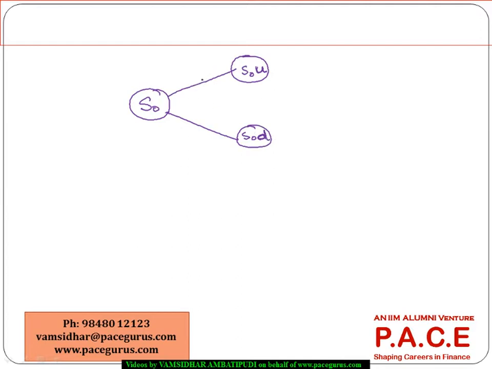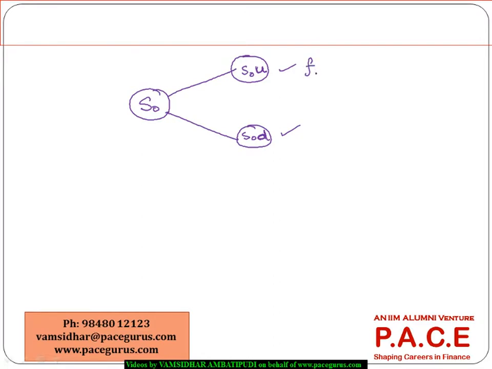So whether it touches S0 into u or S0 into d, if the stock price currently is S0, I am talking about it as up or down.